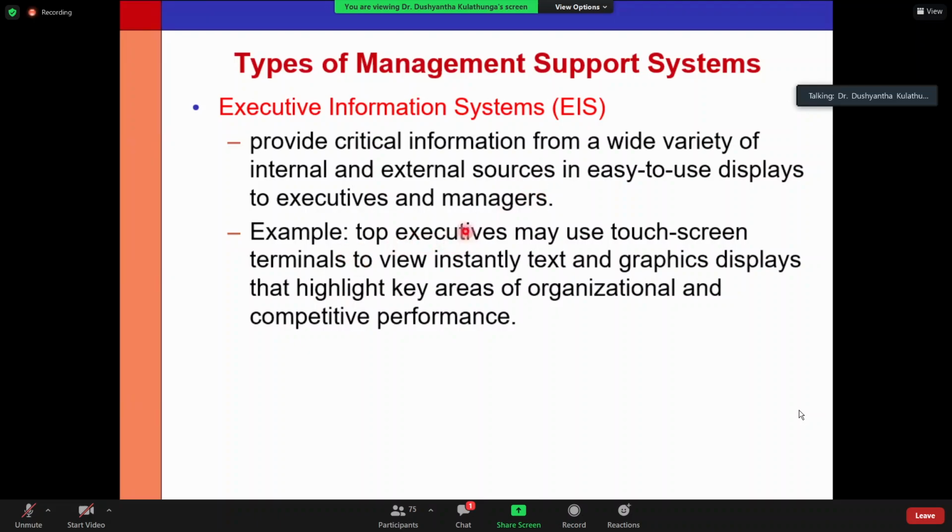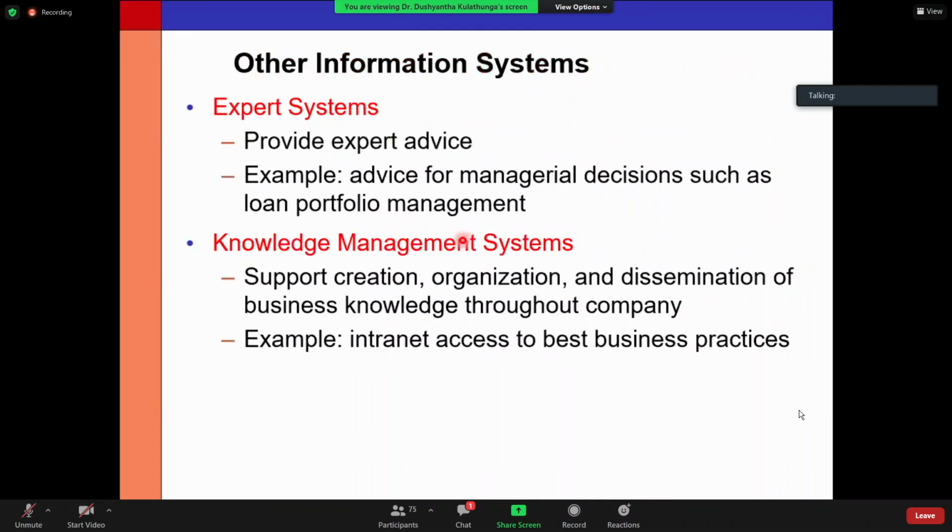Then we will move to the specialized systems. Again, a short description. Expert systems provide expert advice. So how do we provide this expert advice?